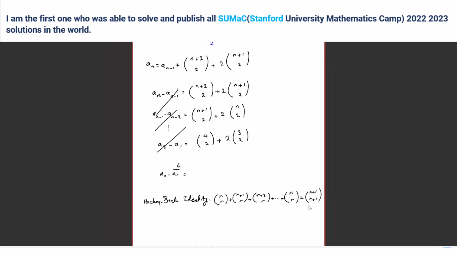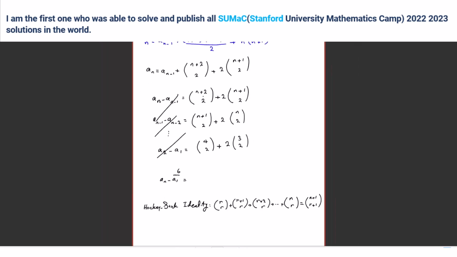Now if you use this, the first column here is what? It will be n plus 3 choose 3 minus 4. n plus 3 choose 3, good job. Minus 3 choose 2, minus 2 choose 2, minus 4. Exactly.